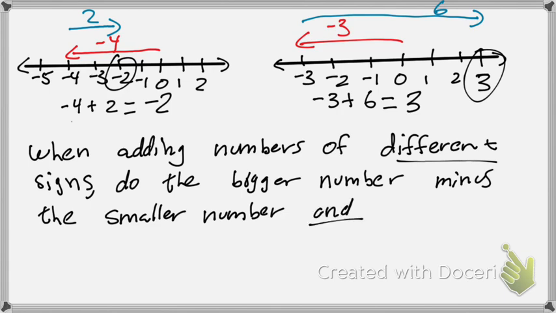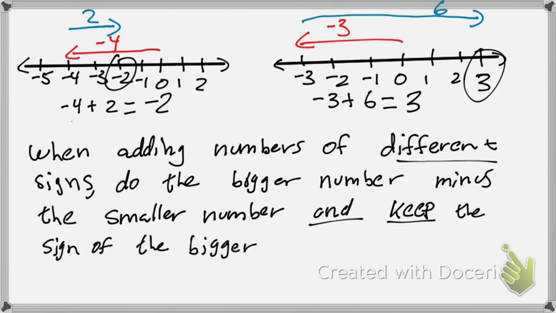And don't forget that part, important. And keep the sign of the bigger number. So when adding numbers of different signs, you figure out which one's the bigger one, minus the smaller one. You ignore the signs while you're doing that, but then keep the sign of the bigger number.